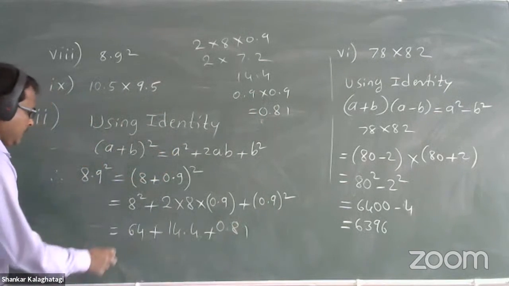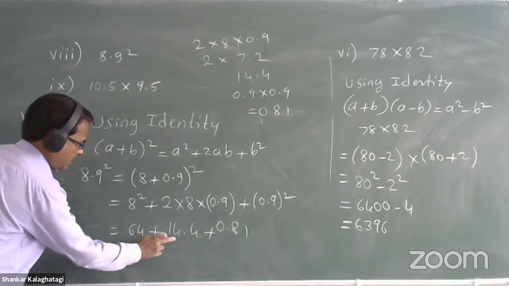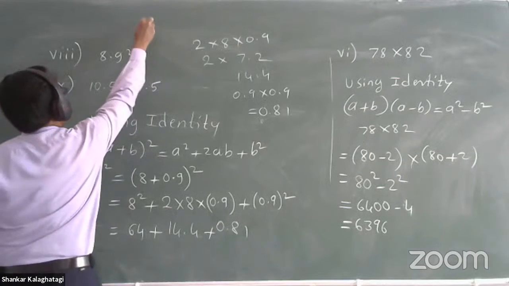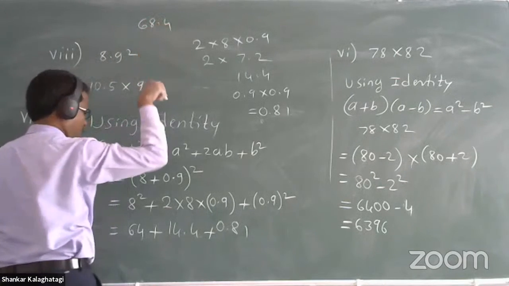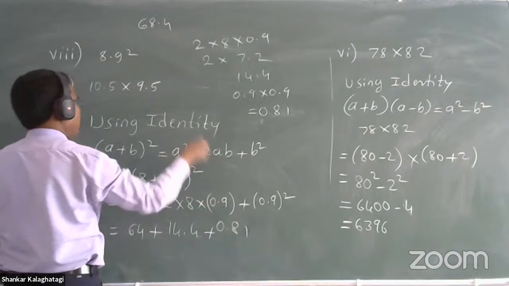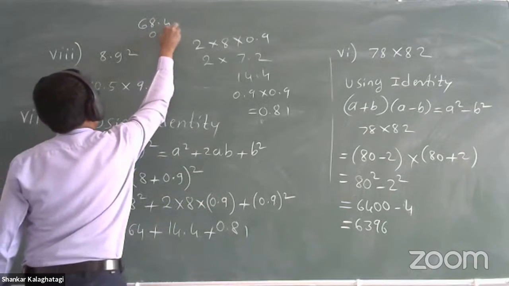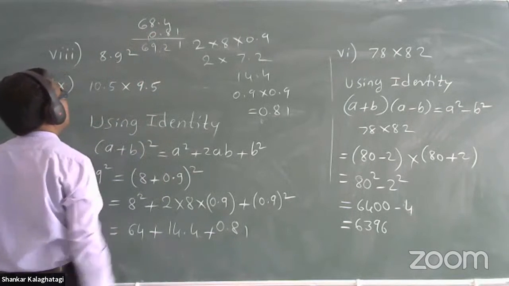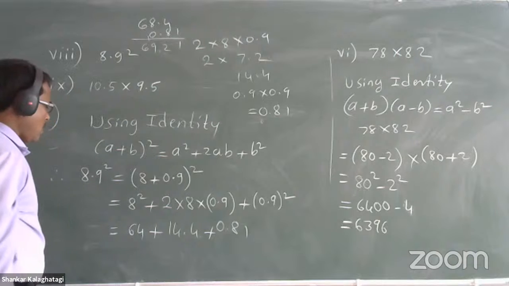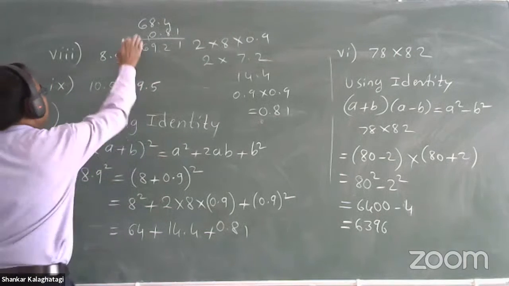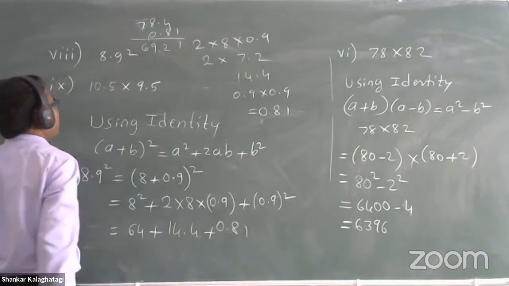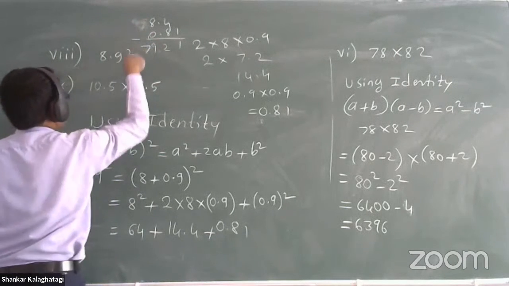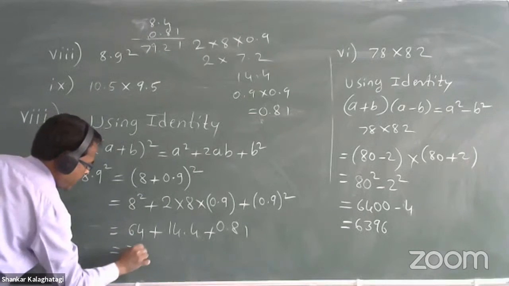Add all this. 64 plus 14 is 78, 78.4 plus 0.81. 79.21.